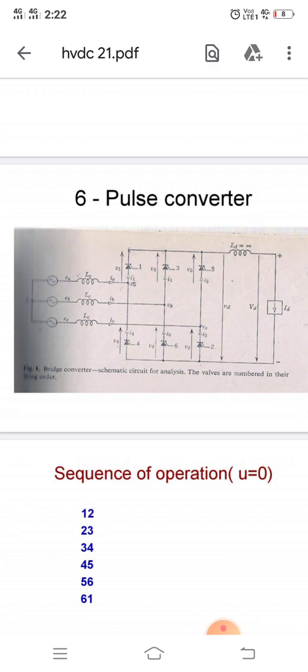That means 5, 6, 1. After that 6, 1, 2. After that 1, 2, 3. After that 2, 3, 4. After that 3, 4, 5. The last one is 4, 5, 6. This switching sequence is very important for this thyristor function. Each SCR conducts for 180 degrees in every cycle of the output.